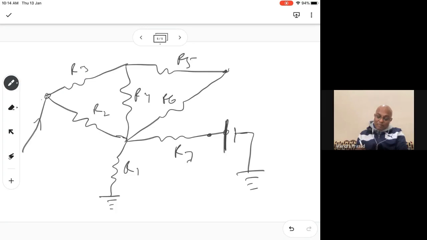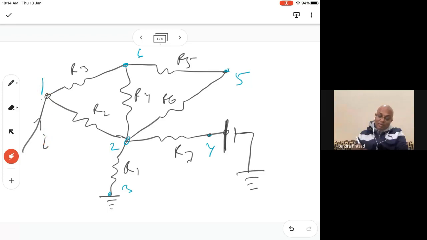You can make it general purpose. Let's number the nodes first: this is 1, 2, let's call this 3, this is 4, this is 5, and this is 6. Now here you can give the values.